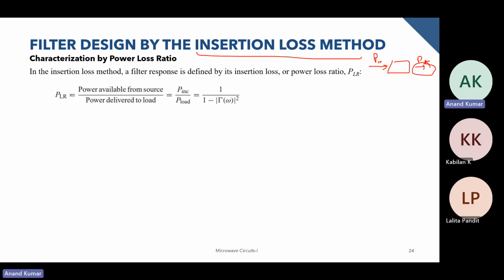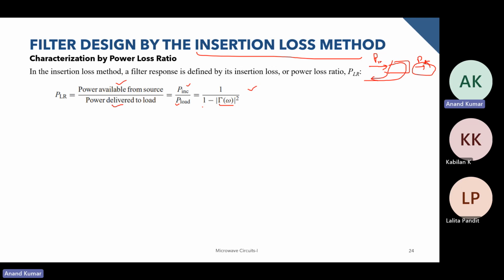So the power loss ratio is the power available from the source over the power delivered to the load. This is the incident power divided by the power delivered to the load, using the reflection coefficient over here, how much power was reflected back. If you subtract it through this circuit, we get this power loss ratio.